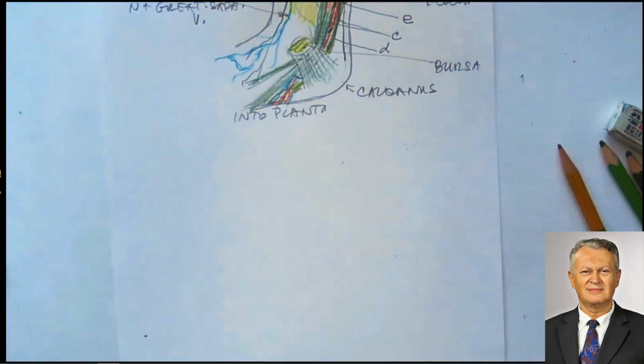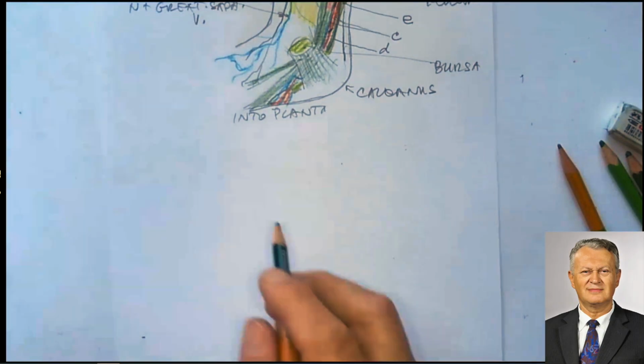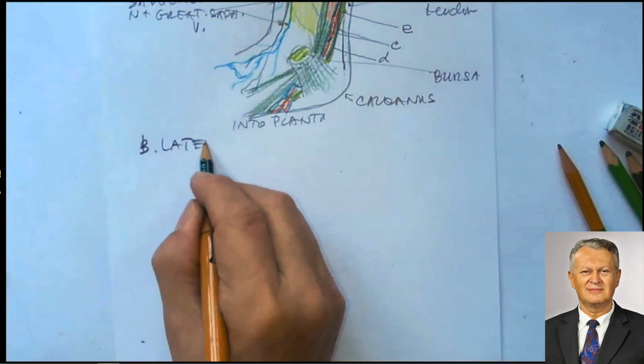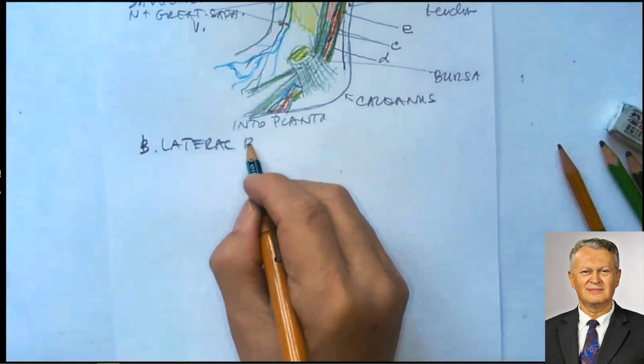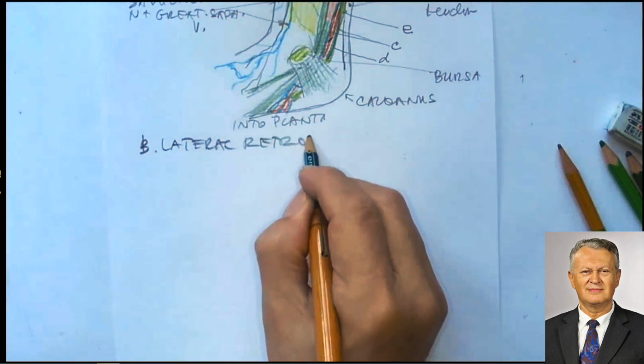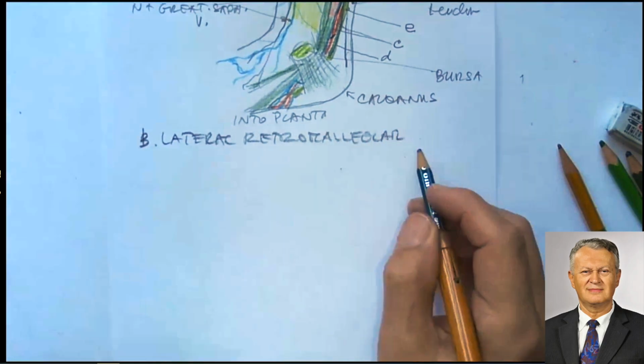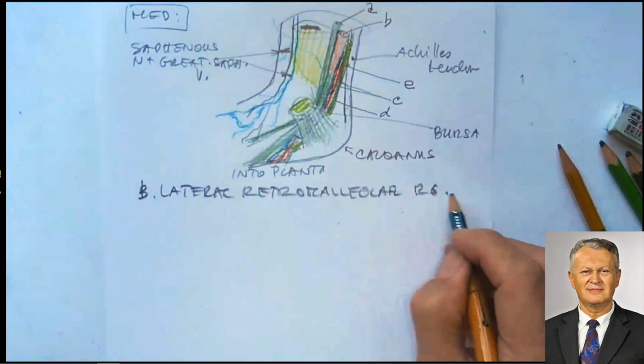And then it would be B, the lateral, more easy, lateral retromalleolar region.